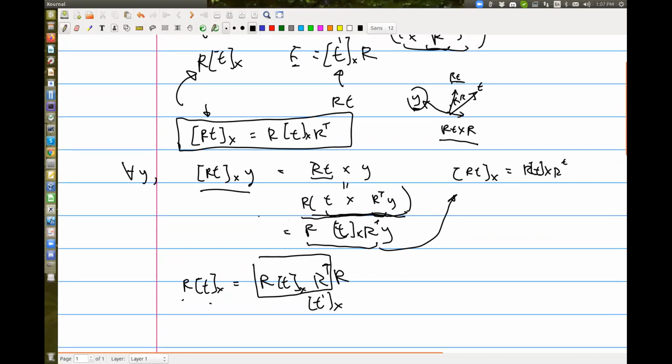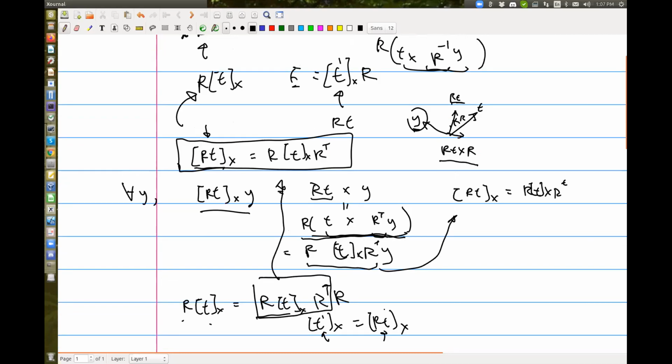But I have this earlier expression here, where T cross is exactly equal to RT cross, right? So this T prime is just equal to RT here.